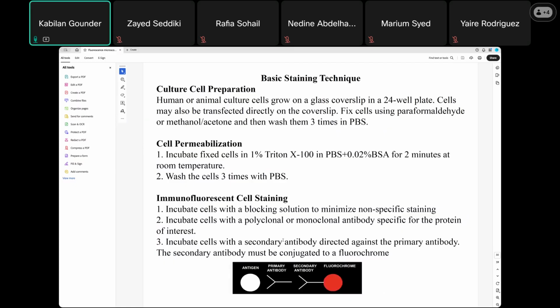So now we understand the fluorescence microscopy, and we know the importance of antibodies, and we know what a fluorophore is, and how you can conjugate it with different proteins, enzymes, lipids, polysaccharides, and other things.